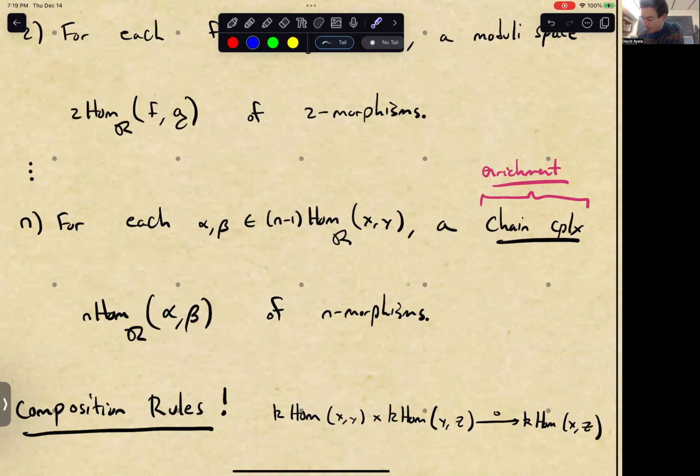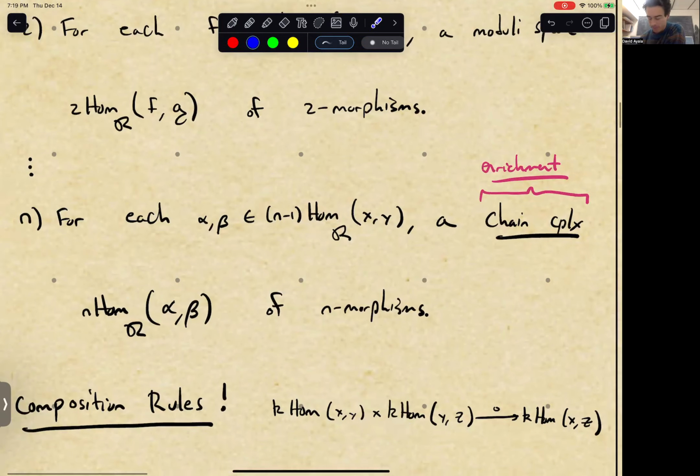So if you fix a k between 0 and n, there's a composition rule like this. And in fact, there's, in a sense, k-1 types of composition rules for k-morphisms. I hope to draw some pictures in a bit to indicate that have to do with the surface operators, etc.